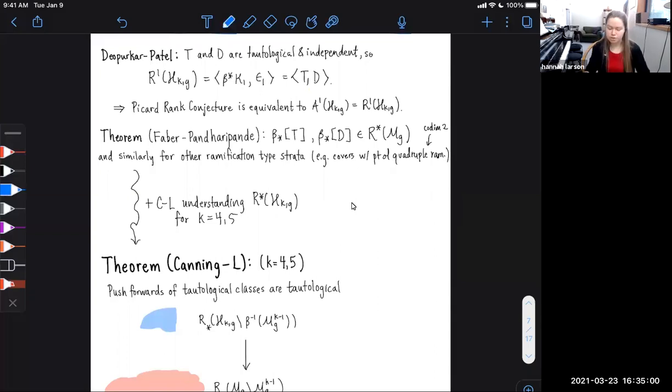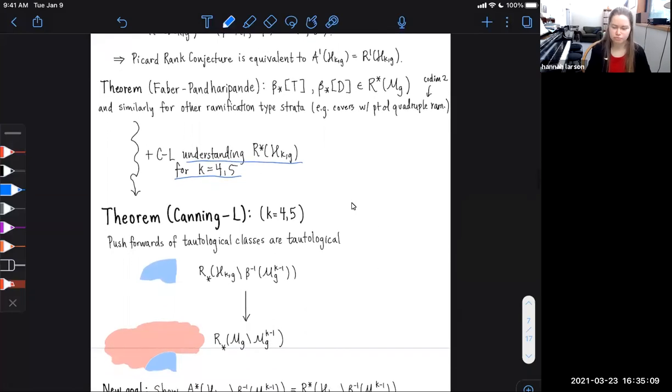But for our higher codimension cycles, I want to say a few words about the steps that go into this study of the Hurwitz space. So first, we found a minimal set of generators for the tautological ring.